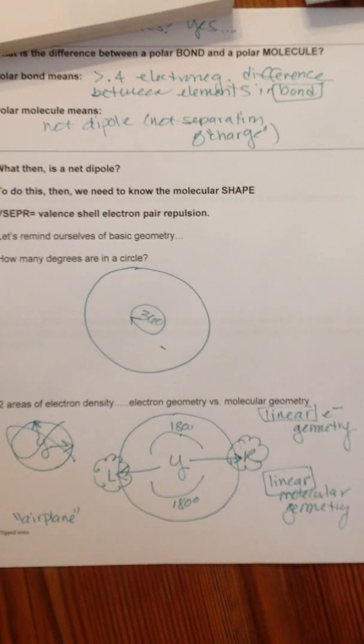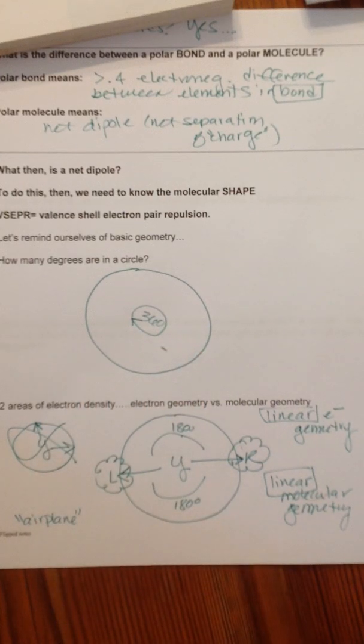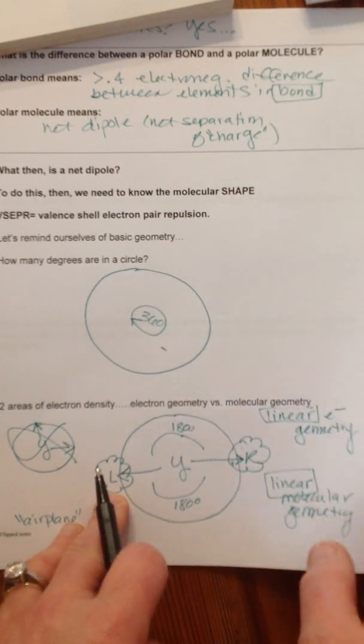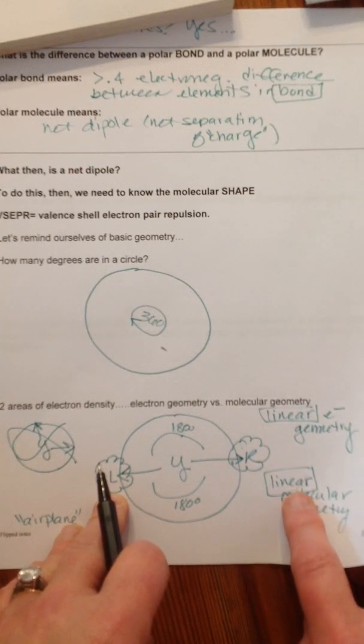Okay, so your job is to find all of the structures on your lab sheet that have two areas of electron density off that central atom and indicate that it has a linear electron geometry and a linear molecular geometry. So let me give you a quick example before we go on to the next segment.